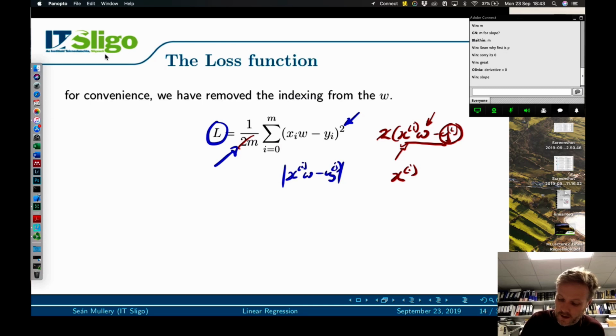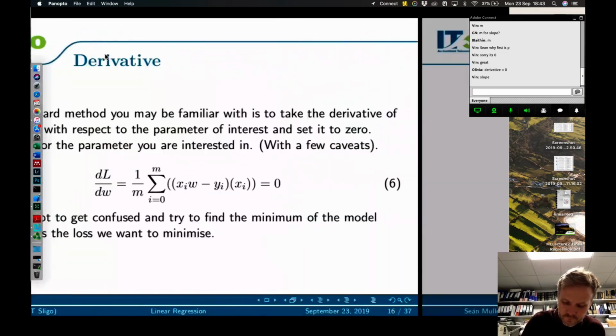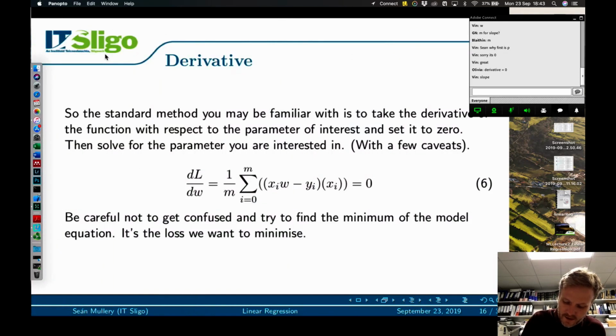So our total is as we have it written here, multiplied by x_i, and we get the sum of all of those and set that equal to 0. What we need to do is figure out what value of w that works out for. So that's how that would be done.